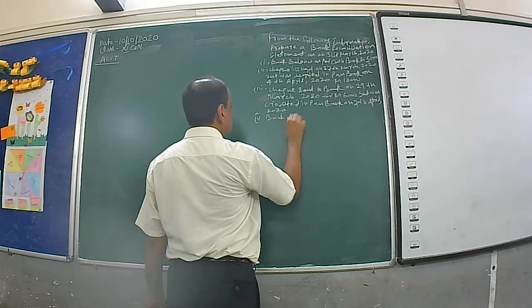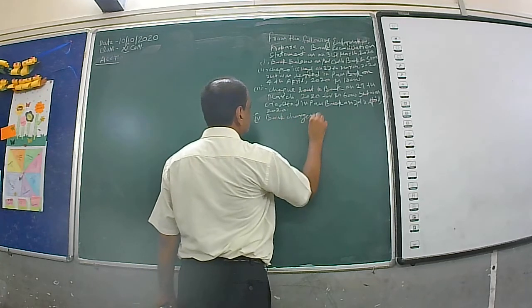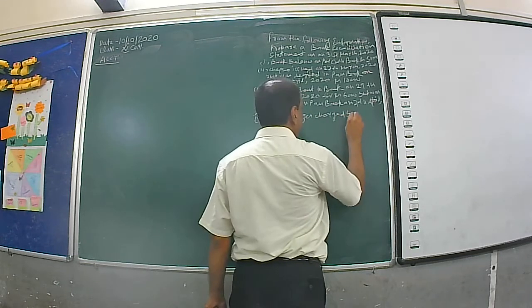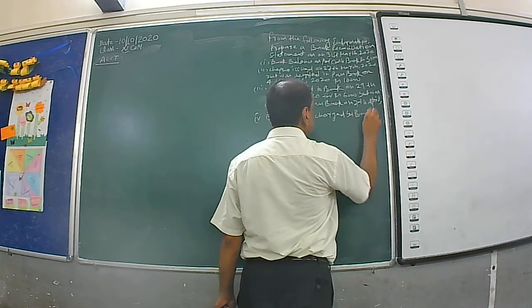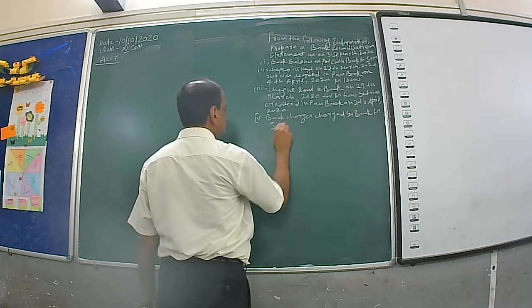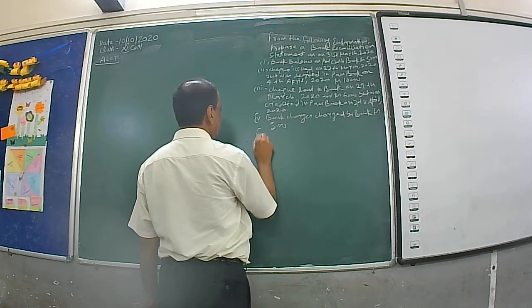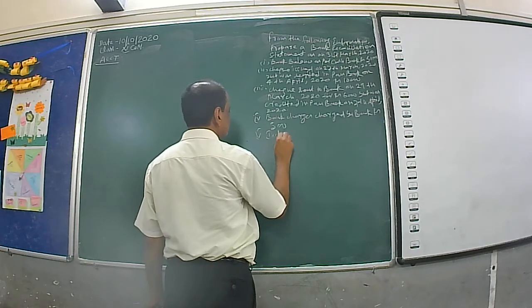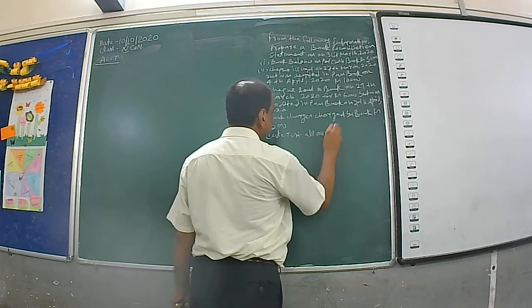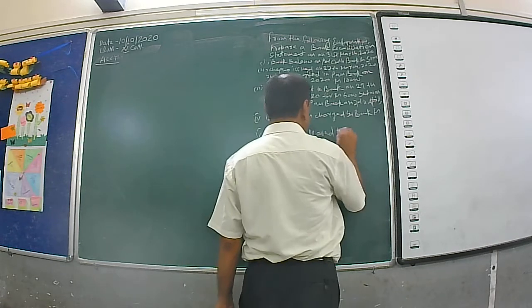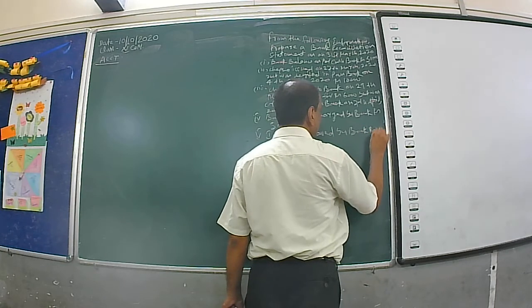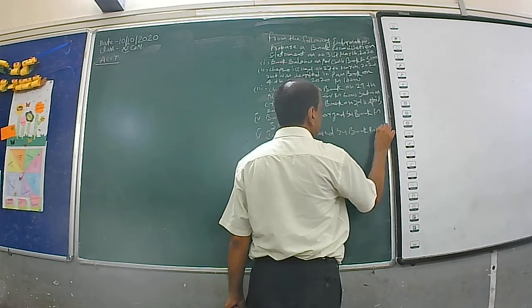Number 4, bank charges charged by bank rupees 500. Number 5, interest allowed by bank 1,000.